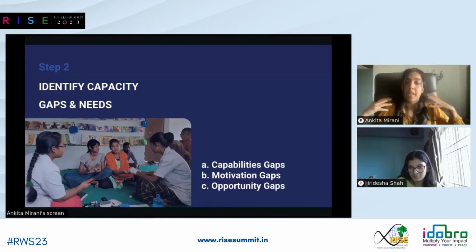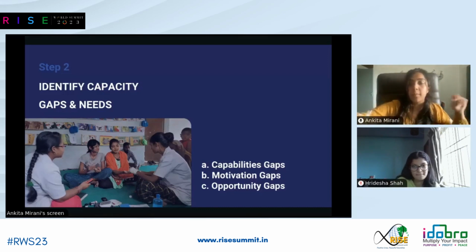Anybody who wants to can look it up and dive deeper. Here we've simplified it for our context, which is capacity building. The three main things that we look at are our community's capabilities, our community's motivation, and thirdly, opportunities that are provided to them and additional opportunities that we could provide to them.